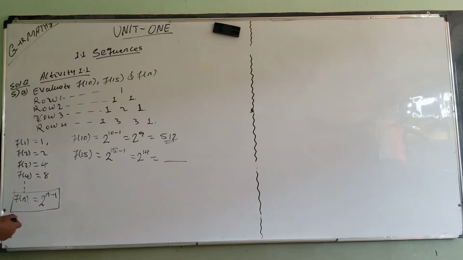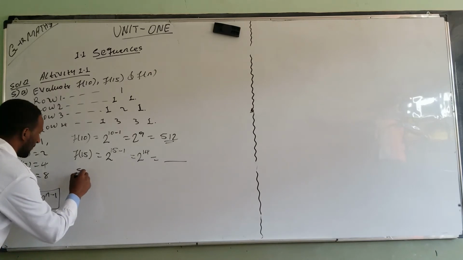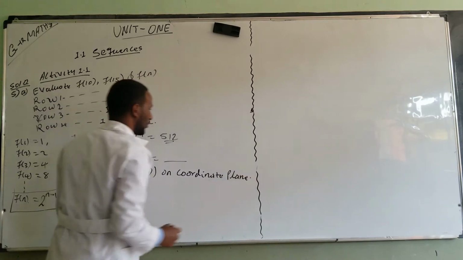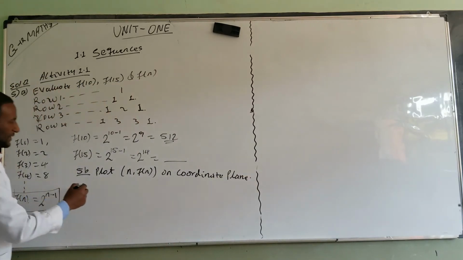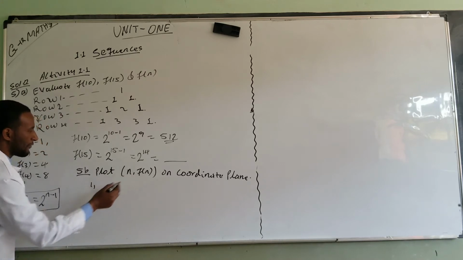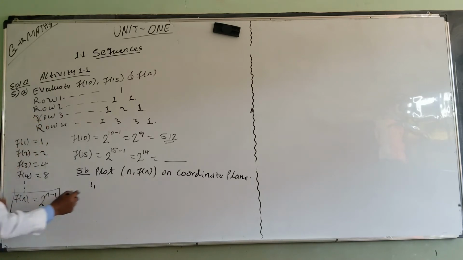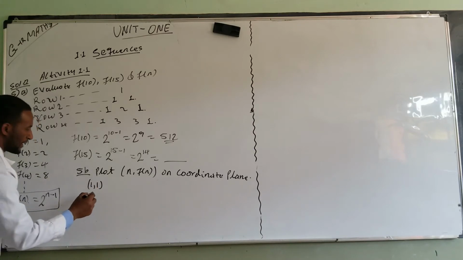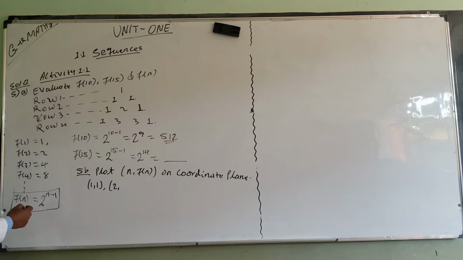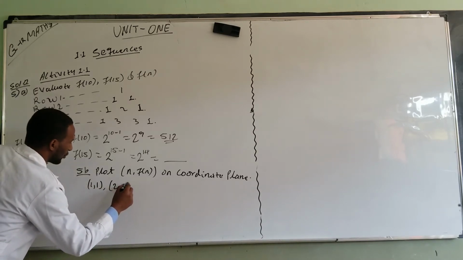Let us see B. Question number 5B, on the coordinate plane. Let us take the ordered pair when n is equal to 1. f(1) is equal to 1. Therefore, the ordered pair is (1, 1). When n is 2, f(2) is 2.